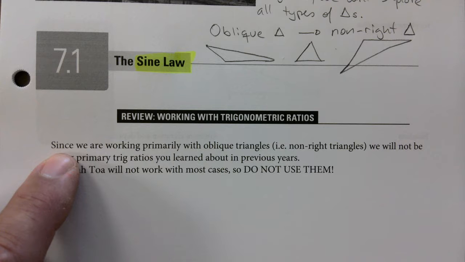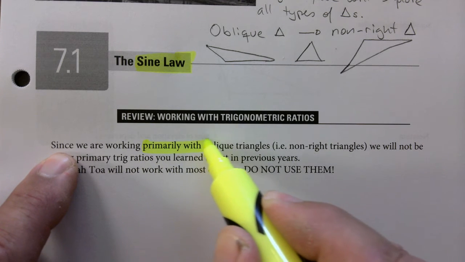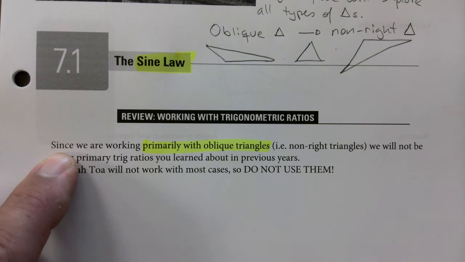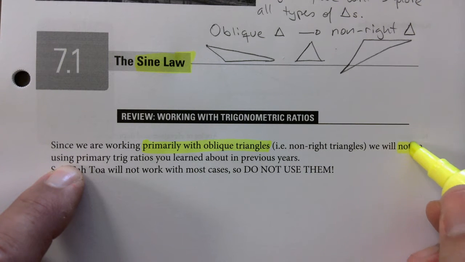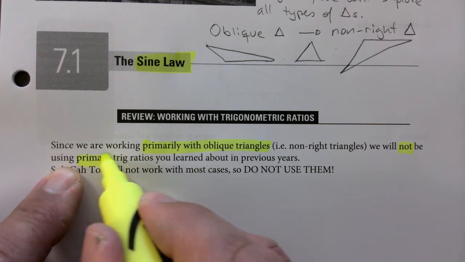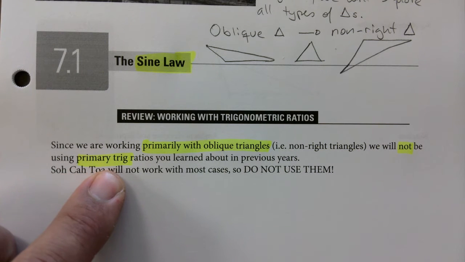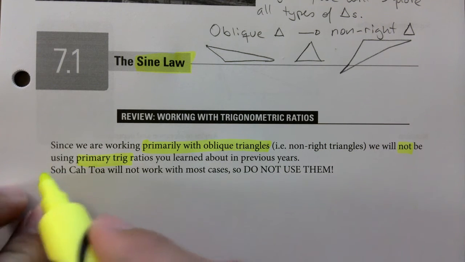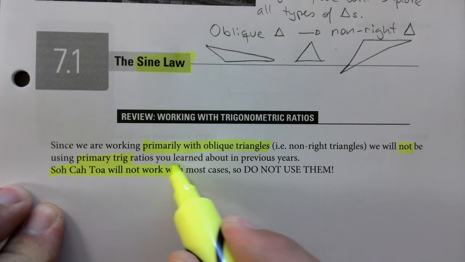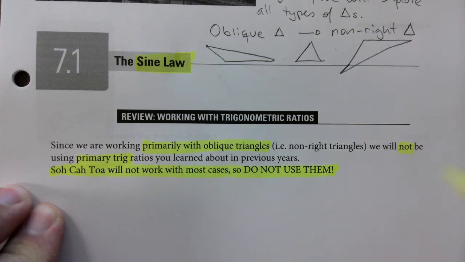And watch this. Since we are working primarily with oblique triangles, we will not be using the primary trig ratios. SOHCAHTOA will not work in most cases. Do not use them.